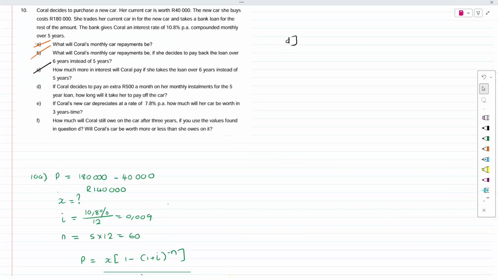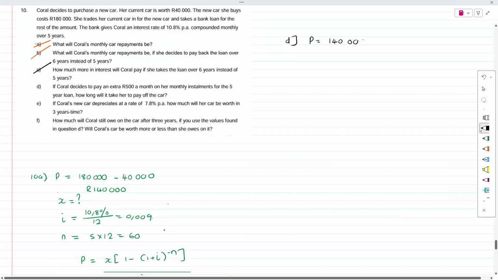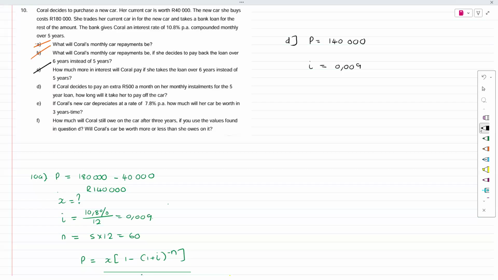So we're going to go with P equals 140,000, of course, because we have to minus it out. I does not change, 0,009. X does change. Now, X was 3029.99. We're going to have to add 500 to this, right? Because she wants to add an extra 500.